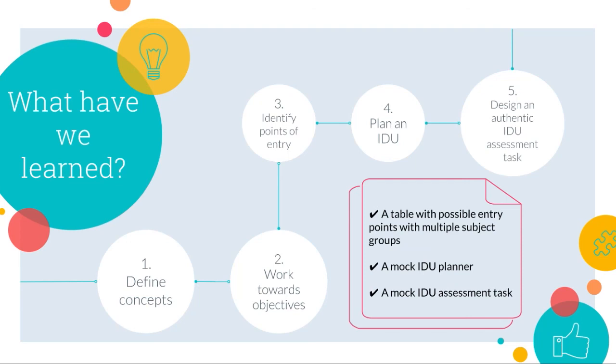We are also able to plan an interdisciplinary unit, and we can also design an authentic interdisciplinary unit assessment task using the GRASPS strategy. But other than that, we've also created a table with possible entry points with multiple subject groups. We've also started a mock interdisciplinary unit planner, and we have also created a mock interdisciplinary unit assessment task.